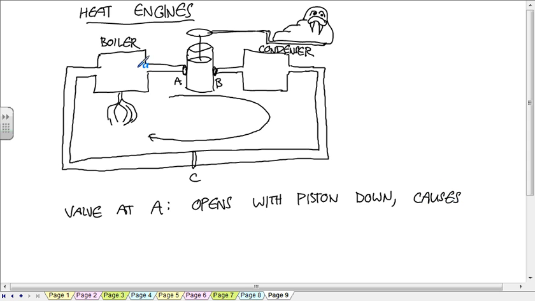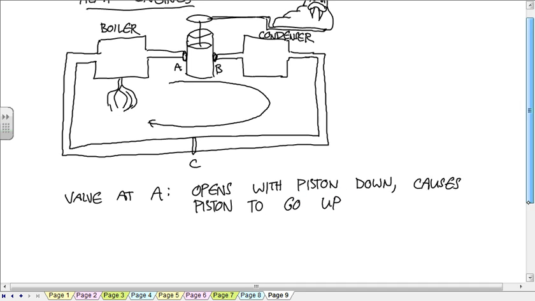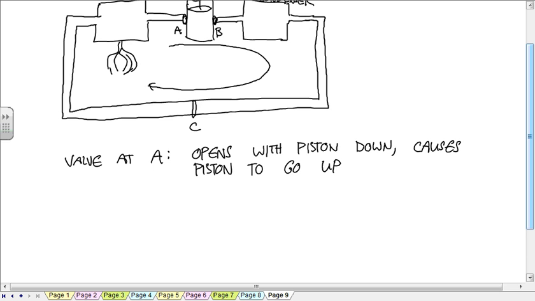And because that high temperature gas wants to expand, that pushes the piston up. And then valve A closes when the piston gets to that highest position.